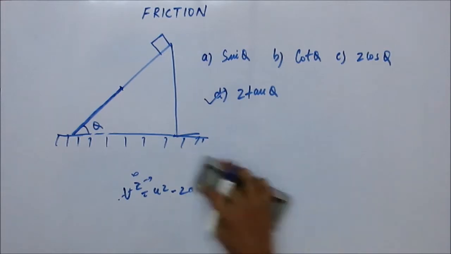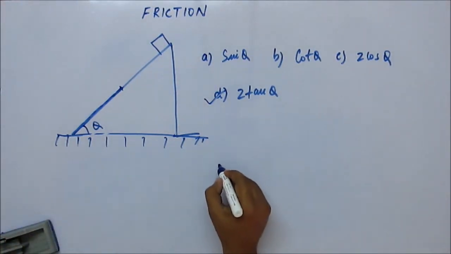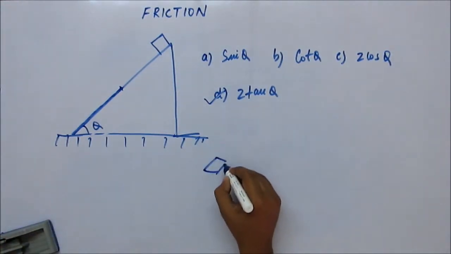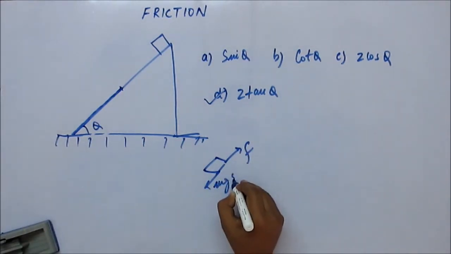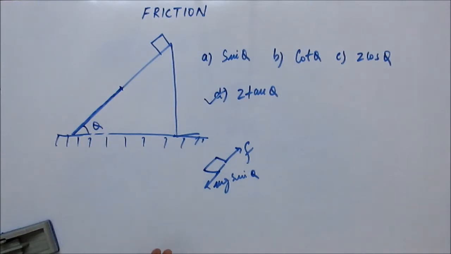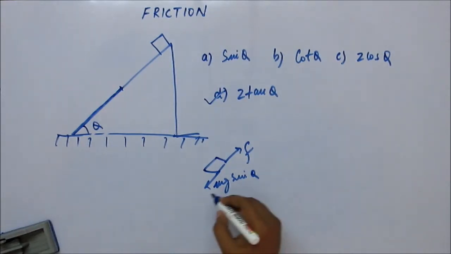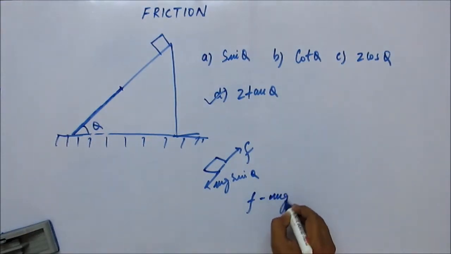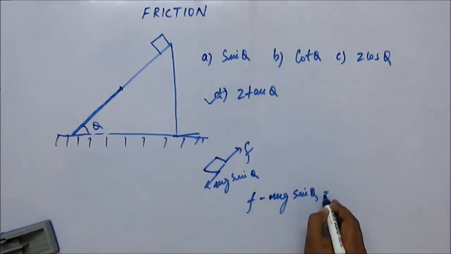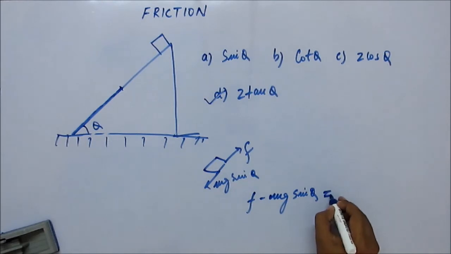Now, in the second half of the motion, you have friction force acting in upward direction because the motion is in downward direction, and mg sin theta is acting always in downward direction. So the net force upward is F minus mg sin theta. Net force upward, that should be from Newton's second law.